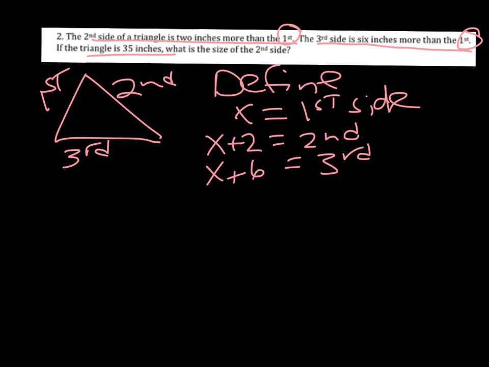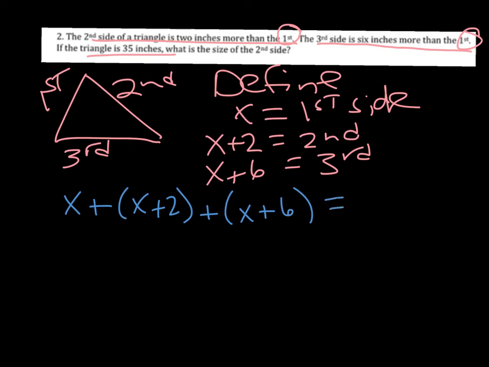And I know that the perimeter of the triangle is 35, so I am going to add the first side plus the second side plus the third side. So x plus, I'm just going to put parentheses because this is my second side, plus the third side, with parentheses around it to distinguish it, and that has to equal 35.